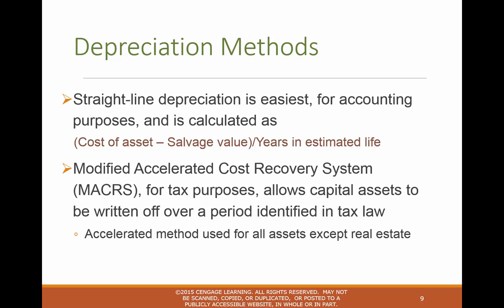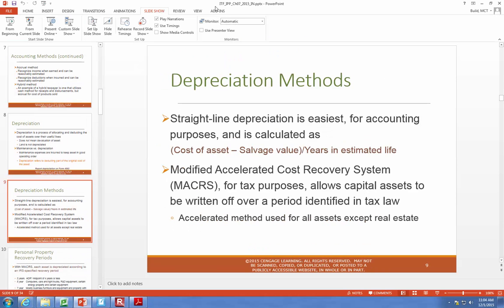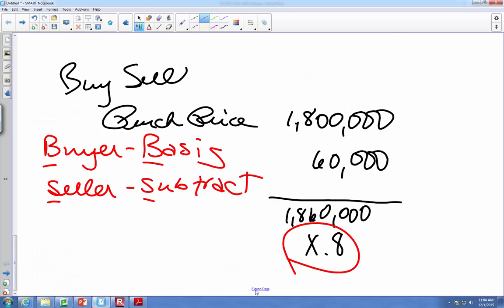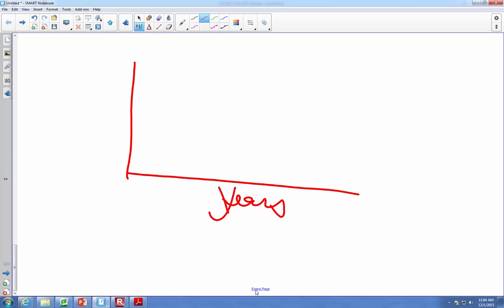What does that word accelerated mean to you from a depreciation standpoint? The depreciation is sped up. It's definitely sped up, and so what is this? Is the years. This is the dollars.